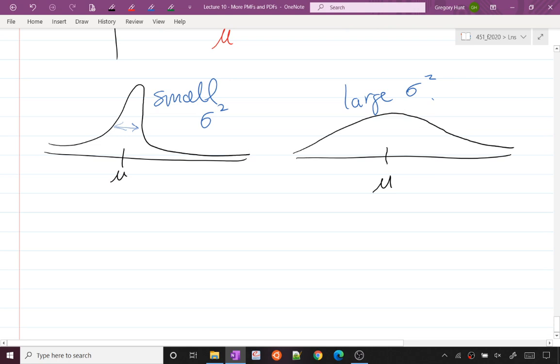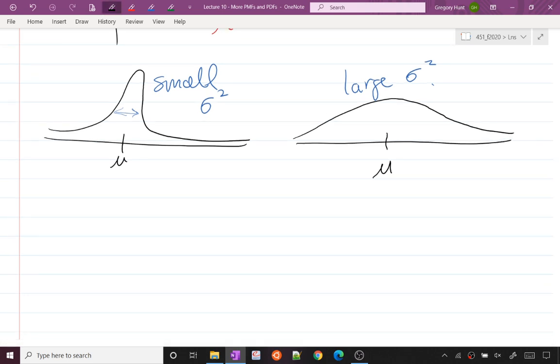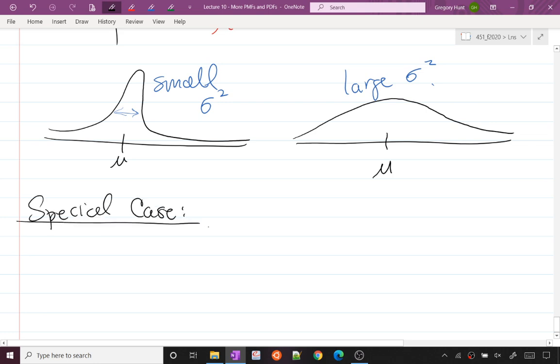So it measures the variability of the density, and we'll formalize all that in this course. Okay. Let's look at a special case today. A very important special case, called the standard normal.